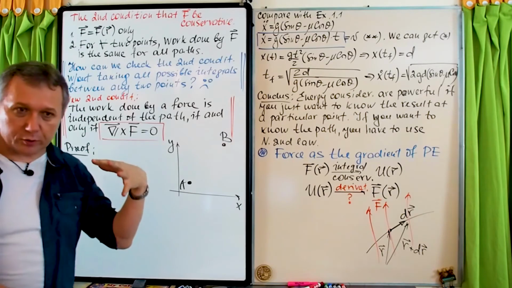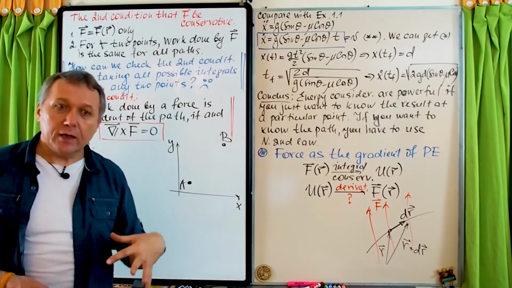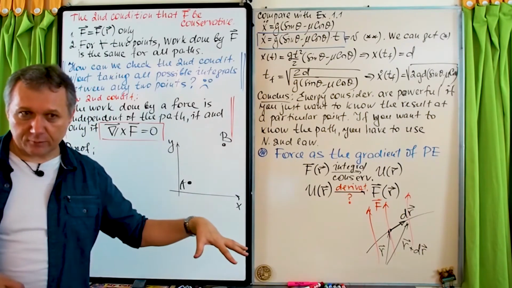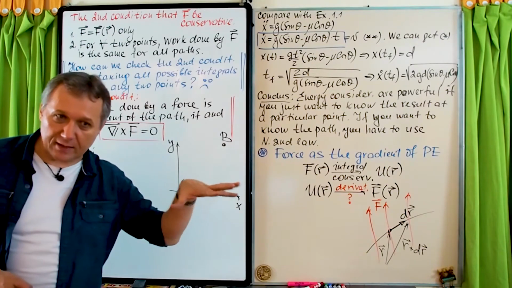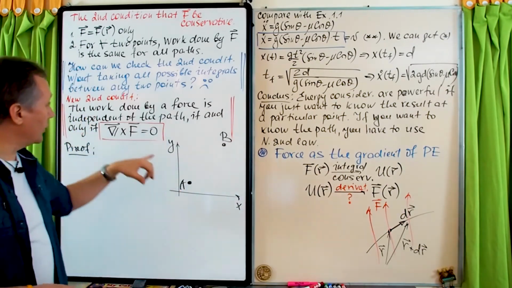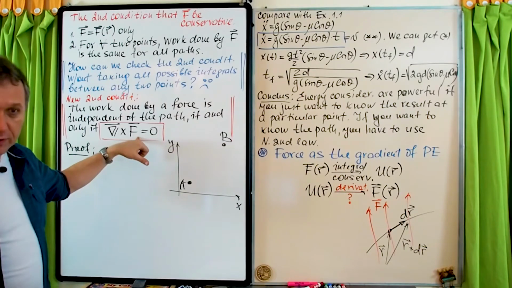So we are going to assume that F is conservative, and the work done by that force is path independent. Using that as the starting point, we need to come to this condition.